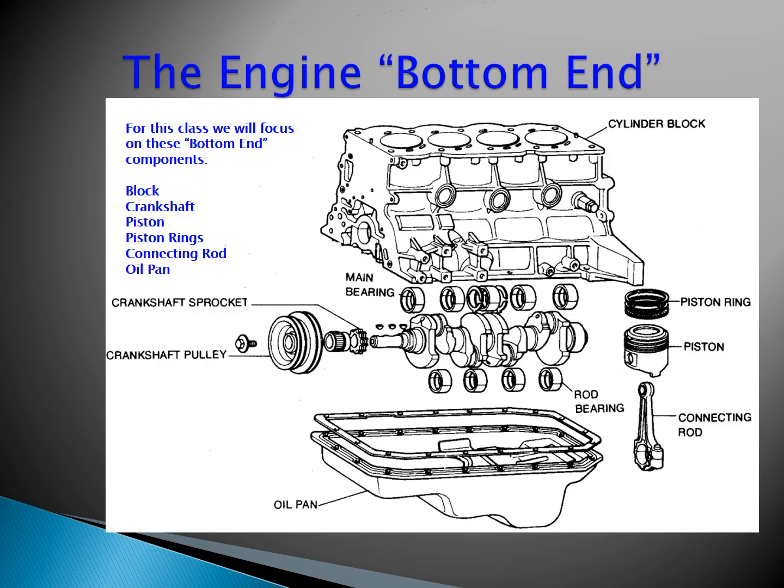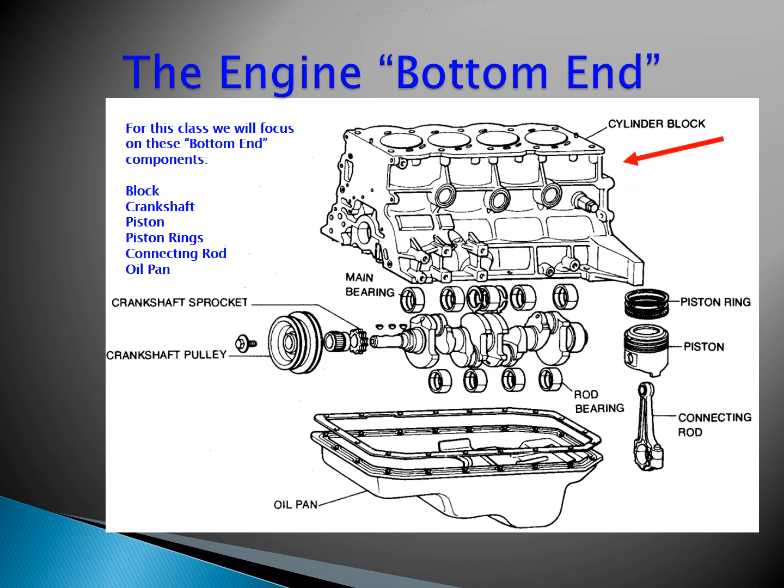All right, so here is a little cutout of a four-cylinder engine block. If you look at the blue components, we have the block itself, the crankshaft, the pistons, the piston rings, connecting rods, and our oil pan.